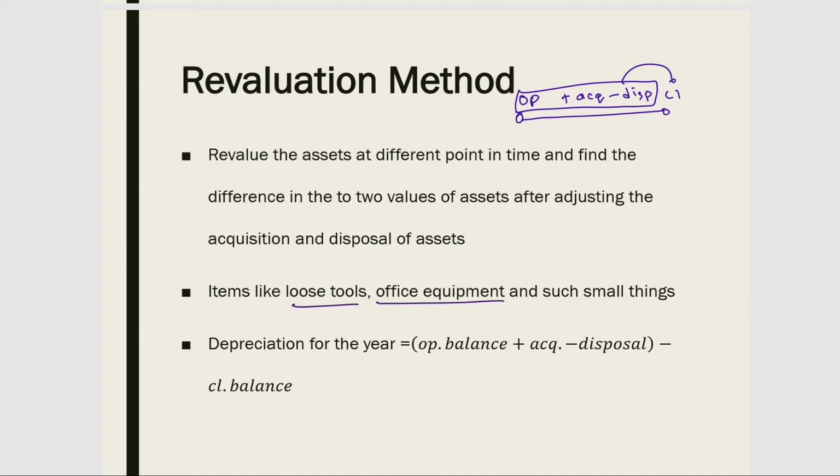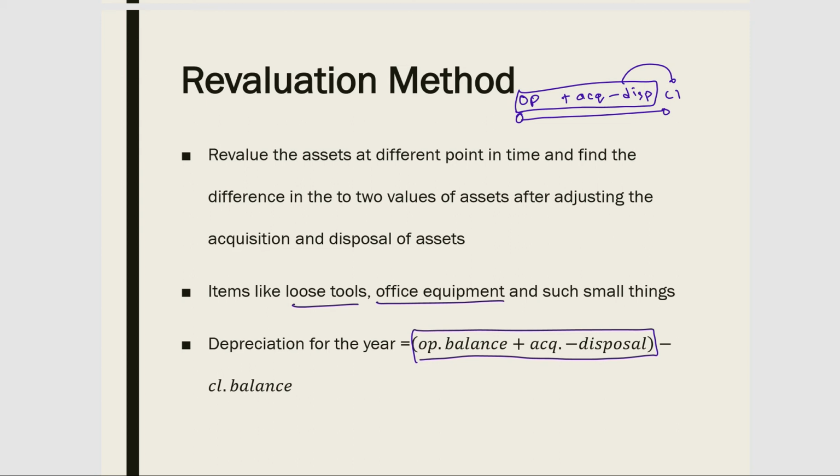Now, to find the value of depreciation in this method, we need to calculate the total value of the assets in hand, which is the opening balance, adding the acquisitions, or the new assets that we have bought, and deducting the assets that we have sold.